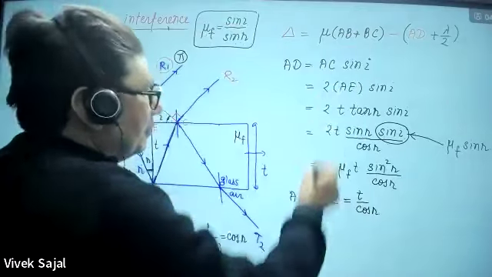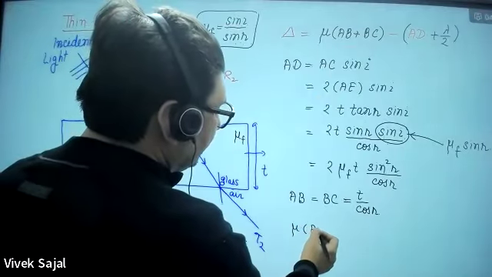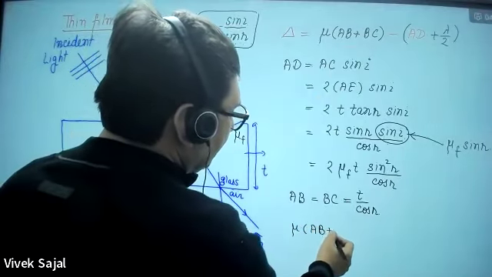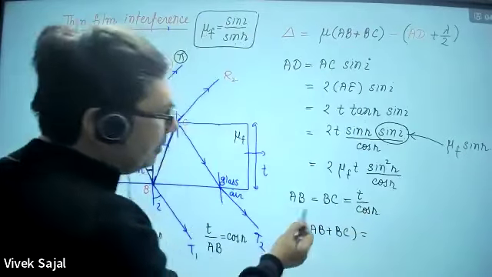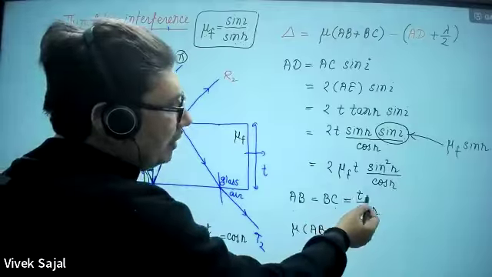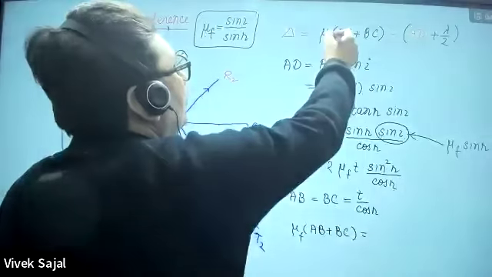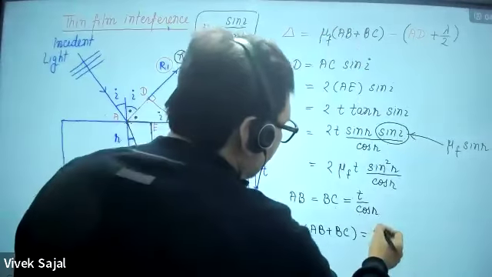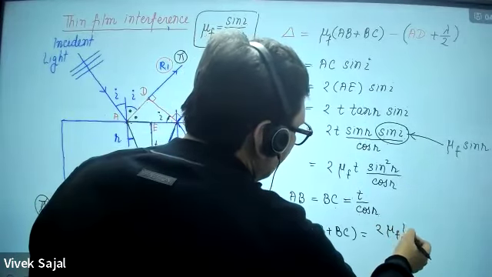So what will be the first term? This will be mu times AB plus BC. AB and BC are equal, so 2T upon cos r into mu F. This is mu F, so I will get 2 times mu F T upon cos r.